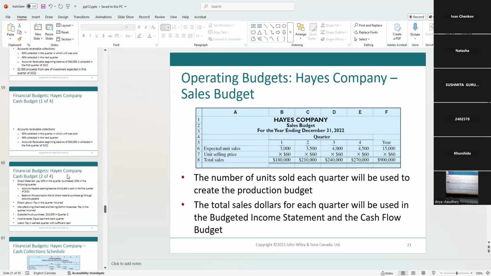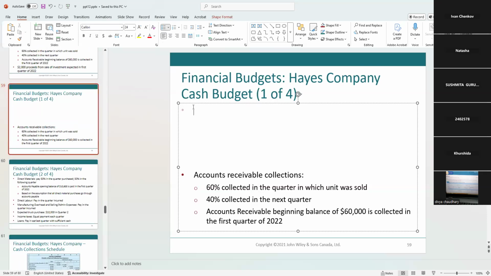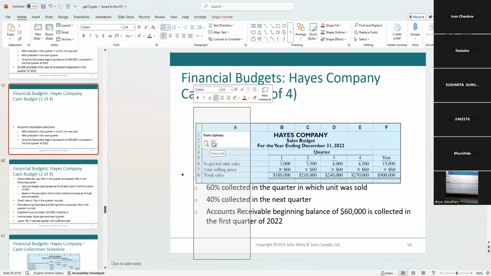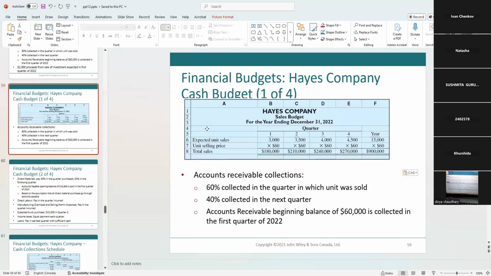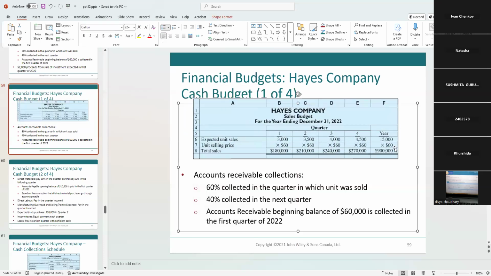And what you have to do is calculate how much I'm going to collect. Obviously, in January, what are we going to collect first? We're going to collect whatever is outstanding from the previous quarter. We're going to collect the 60,000 first.